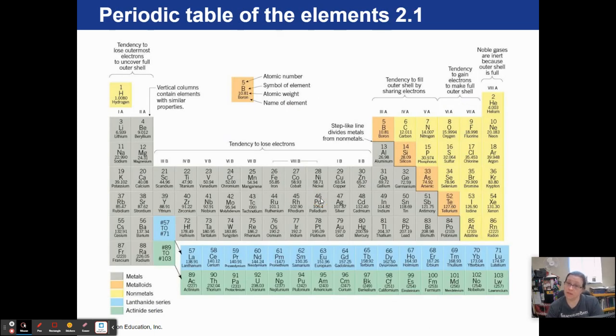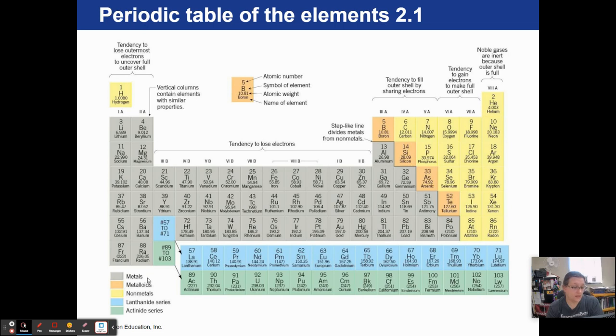The periodic table of elements is the image we saw. This is where we have organized all of the different elements by their atomic number, which tells you how many of the protons and neutrons and electrons they contain. And they are organized by their properties. So there are some tendencies with their electrons, and then there's also a tendency to lose electrons here in the middle.